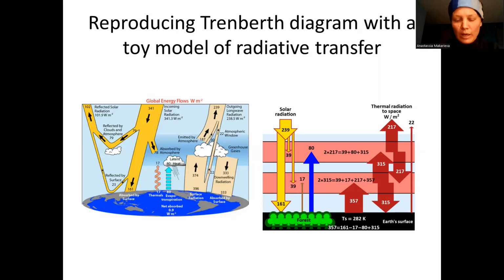result compared to what we have in the diagram, which is 396, we have 357, and Earth surface temperature 288, and we have 282.